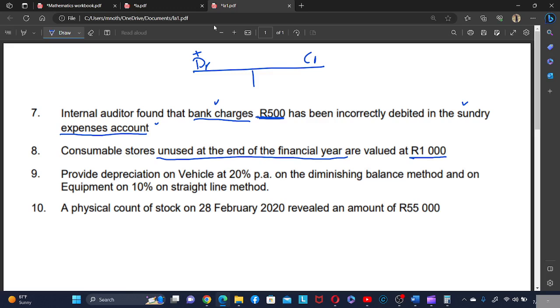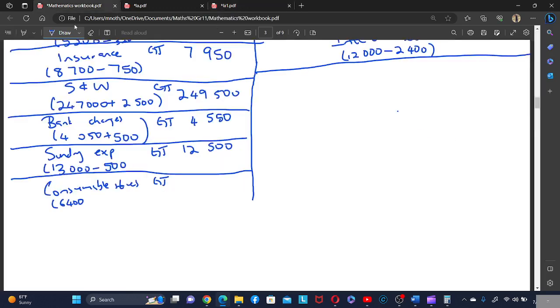It is because anything in a business that can be turned into money is an asset. So if, for example, we have stationery that is unused, we can still sell it and get the money. Therefore, it's no longer an expense, it is now an asset. So we need to take this 1,000 Rand and separate it from the consumable stores, because it is no longer an expense.